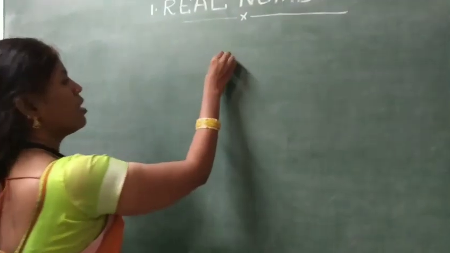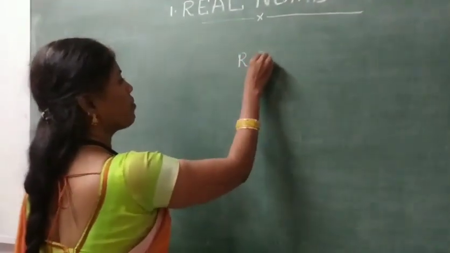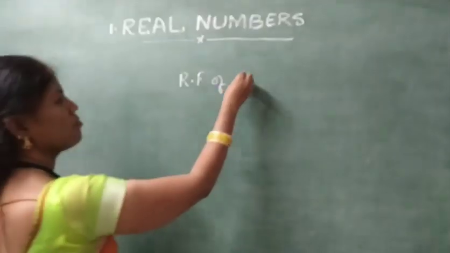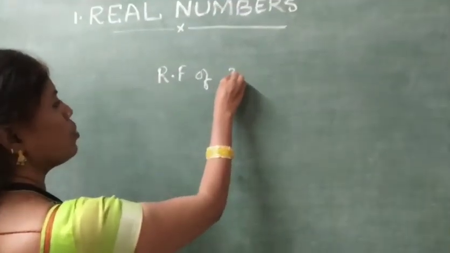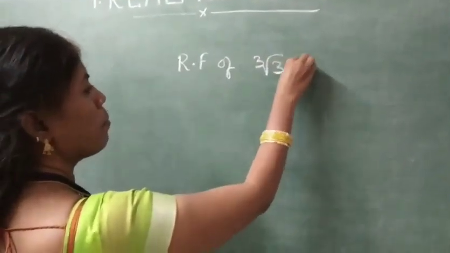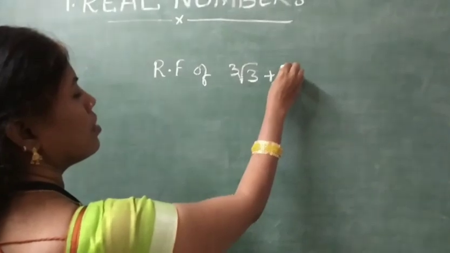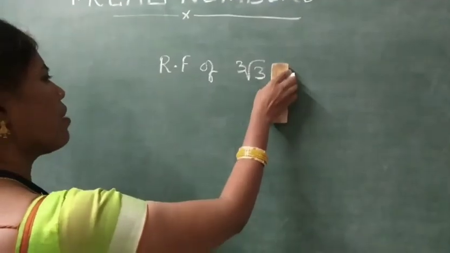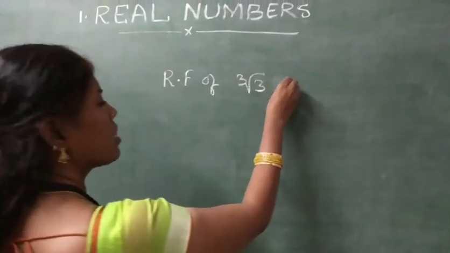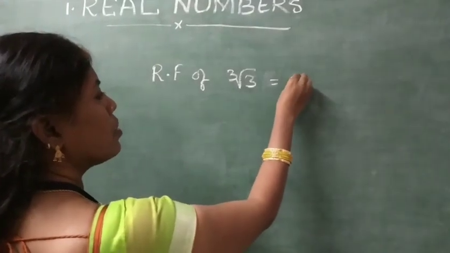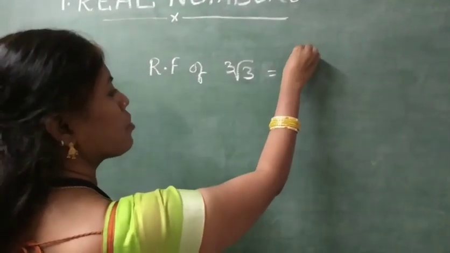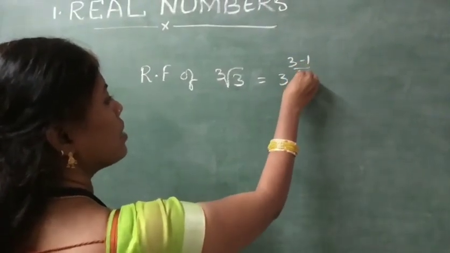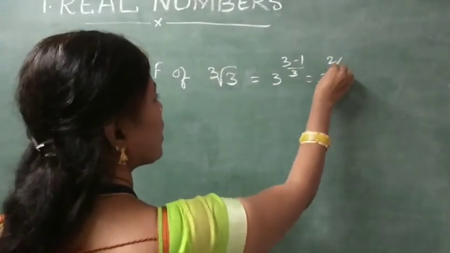So now the rationalizing factor of cube root 3 plus, what is the rationalizing factor of cube root 3? It is nothing but cube root 3 power, as I told, 3 minus 1 by 3. That is nothing but 3 power 2 by 3.